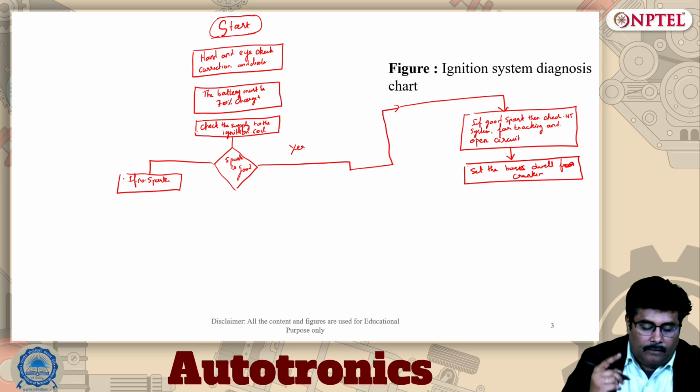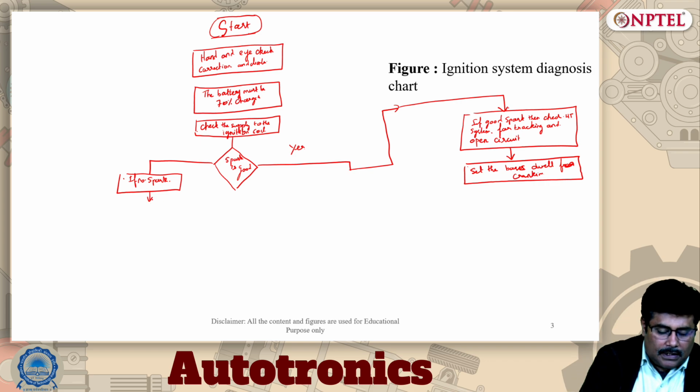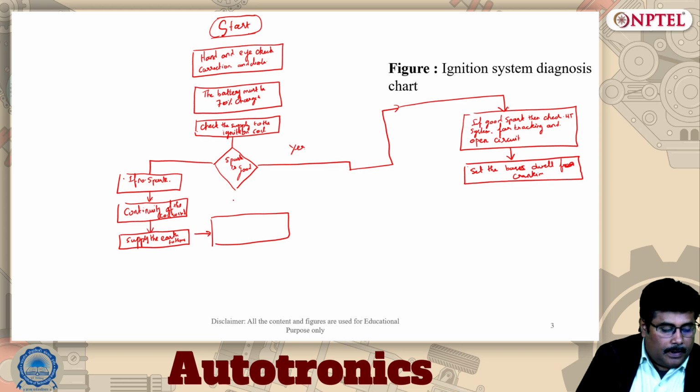then we may need to go for a jump start, and then we have to check the continuity of the coil winding. Supply the earth to the module. Then we have a supply to the pulse generator if appropriate.